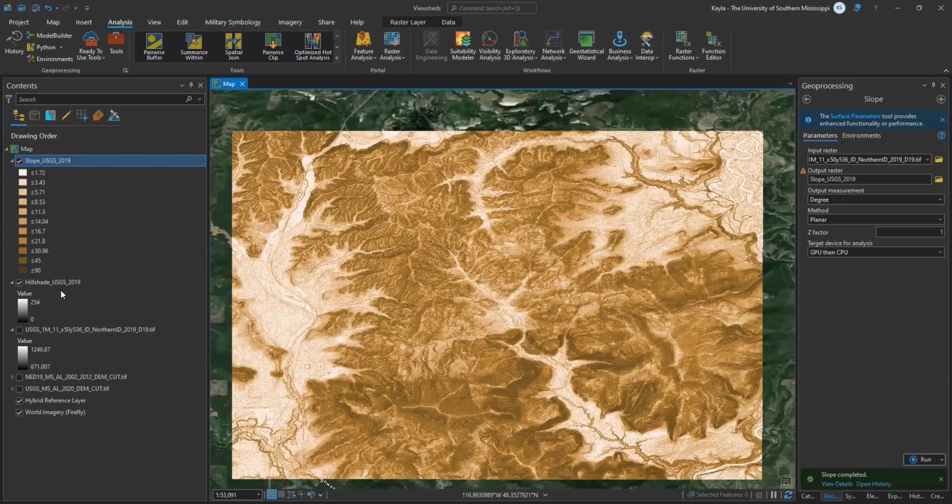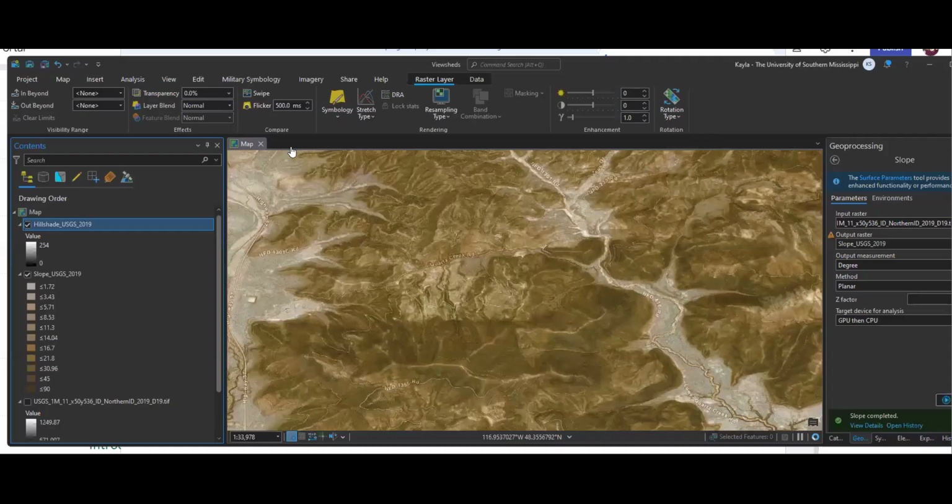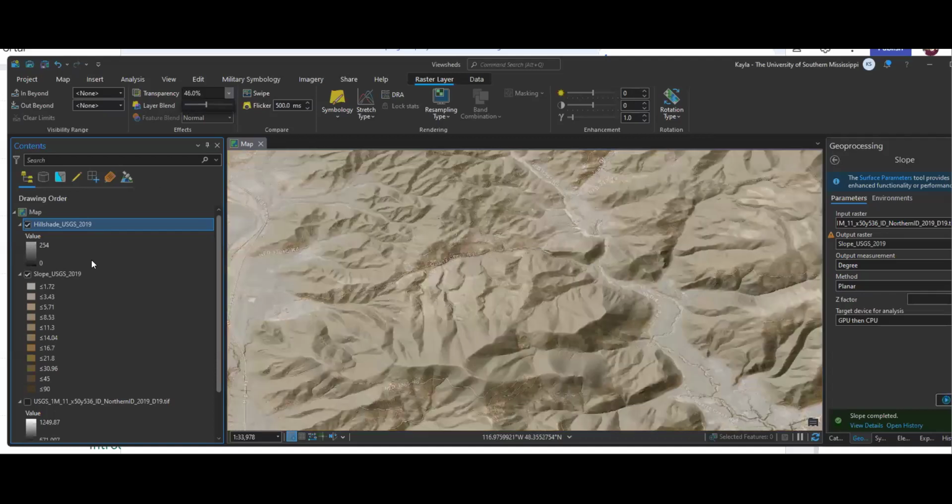And you can also just layer these, turn them into a really interesting or nice way of looking at things. So you can head over into the raster layer, you can change the transparency of this, and this is going to make it so that you can see your hillshade and your slope in the same thing. You could also reverse that and do the exact same thing where instead you have your hillshade, which has some transparency attached to it, and your slope doesn't, right?